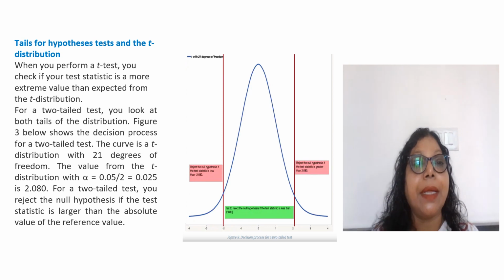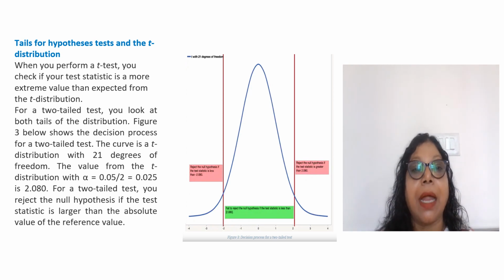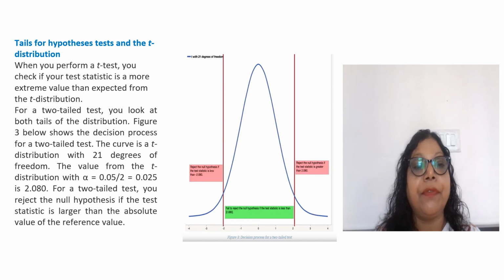Now coming to the tails for hypothesis tests and the t-distribution. When we perform a t-test, we check if our test statistic is a more extreme value than expected from the t-distribution. For a two-tailed test, we look at both tails of the distribution. Here the figure shows the decision process for a two-tailed test.